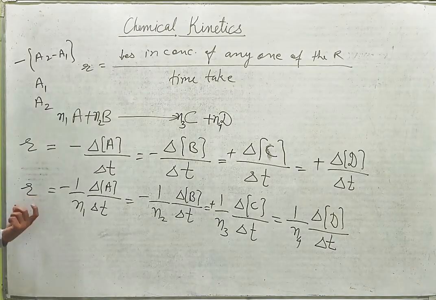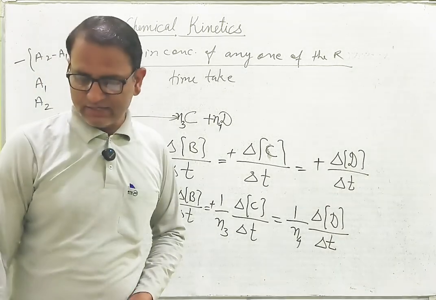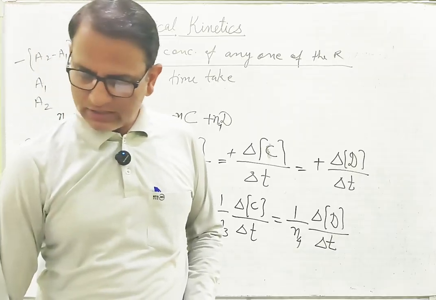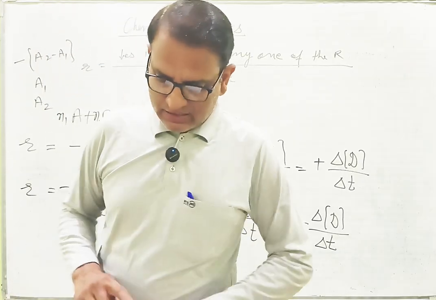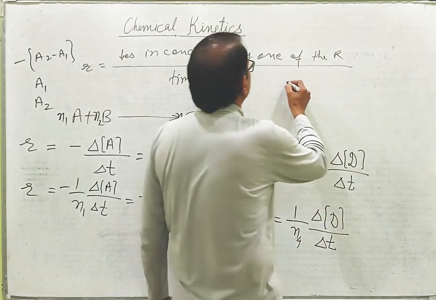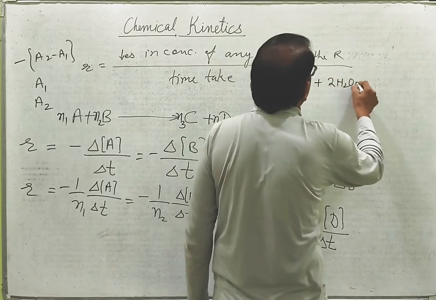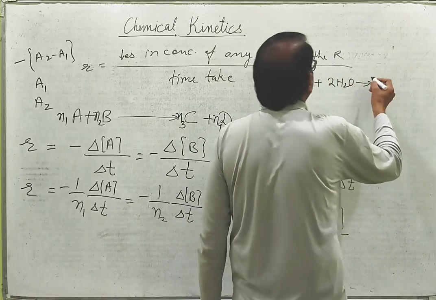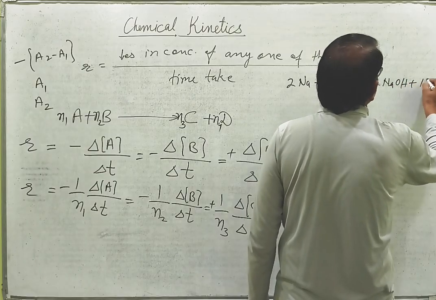If we want to take an example, we can take the reaction we have written right now: 2Na plus 2H2O gives 2NaOH plus H2.